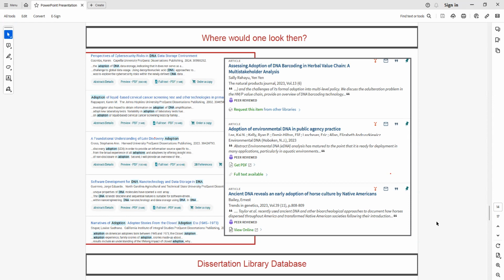But when I looked at dissertations, and I am from the IT cybersecurity world, there weren't that many. I like the first one, perspectives of cybersecurity risk. Right, we're basically storing data in a DNA data storage environment.